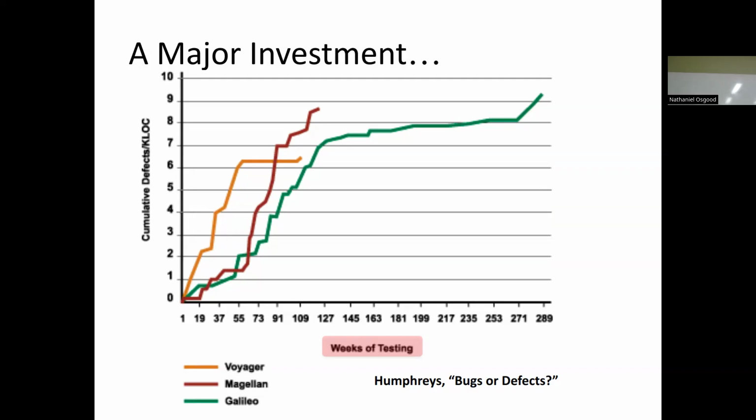Certainly for Magellan, they were still cooking 1 to 2 years in. And Galileo, they were still finding things a good 3 years in. It slowed, but they were finding some things as they approached the 5-year mark in fiction.